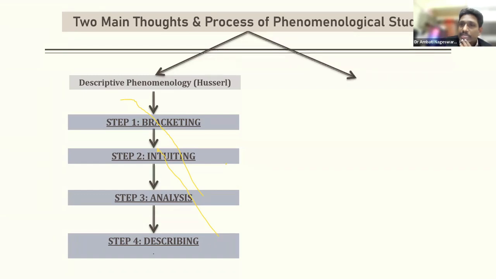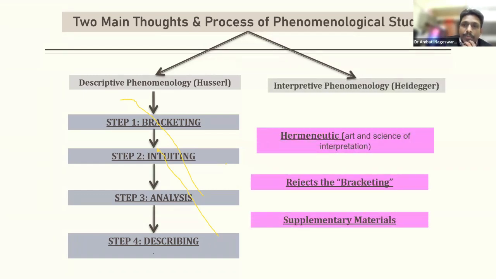But when it comes to interpretive analysis, they are going to use the approach called hermeneutic. Means, unlike descriptive phenomenologists, they are not going to simply describe what they observed in the field. In addition to what they observe in the field, they are going to co-create the knowledge. Means, I'm collecting data from one respondent who is suffering with HIV/AIDS.